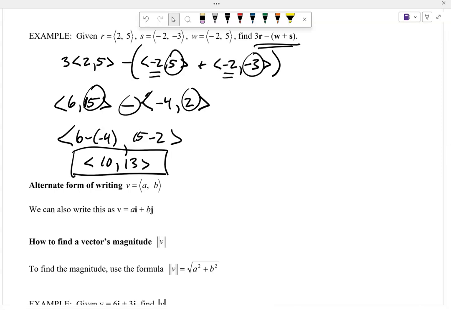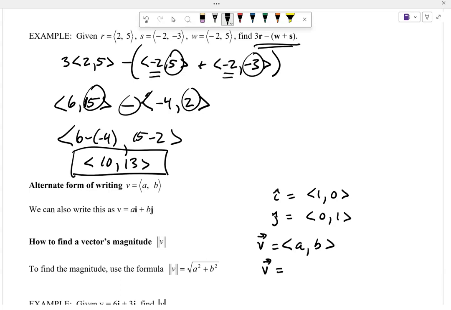If I let i hat be the unit vector 1, 0, that's its horizontal component, and I let j hat be 0, 1, the unit vector in the vertical direction, then if I have the vector v being a horizontal component, b being the vertical component, I can express this as a times the horizontal component plus b times the vertical component.